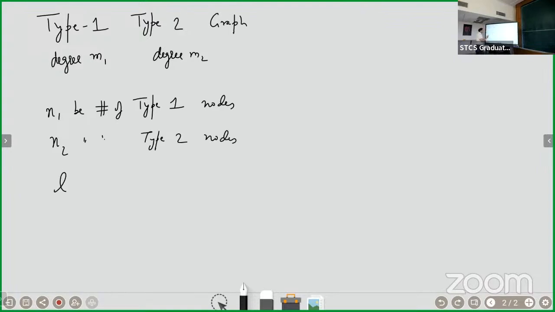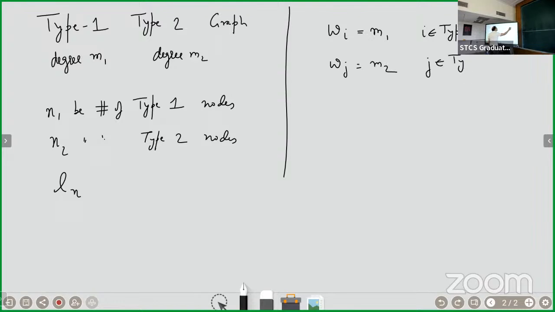By my definition, I'm defining Wi equal to M1 where i belongs to type 1, and similarly Wj equal to M2 where j belongs to type 2. So what is my Ln? It's simply N1 times M1 plus N2 times M2.